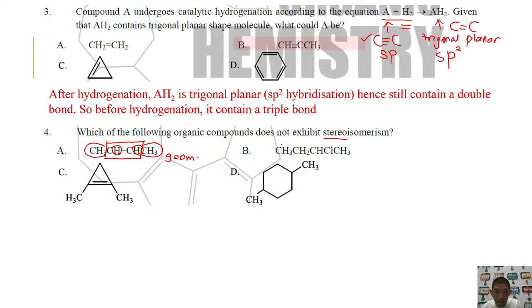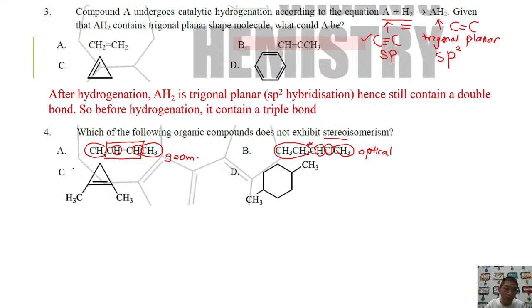As for B, we have to find a chiral carbon atom. If you look at the 3rd carbon here, it is surrounded by CH3, CH2, and then H, and then Cl, and then after that is surrounded by CH3. It is surrounded by 4 different atoms, therefore it exhibits optical isomerism.